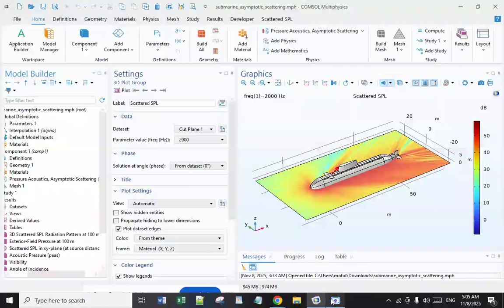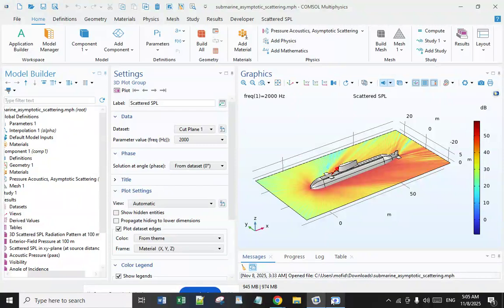It displays the bistatic target strength of a submarine. BTS represents the submarine's acoustic reflectivity, or echo strength, indicating how much sound energy is reflected back to a sonar system when it encounters the submarine. A high BTS value indicates a strong echo return, making the submarine more detectable.